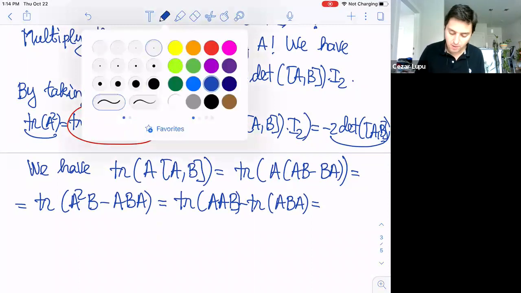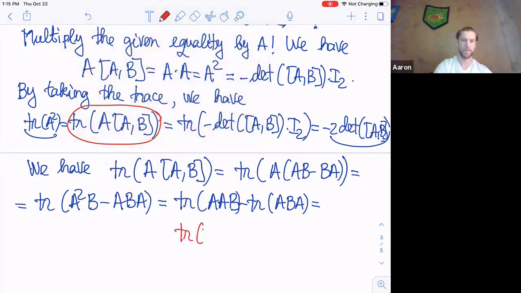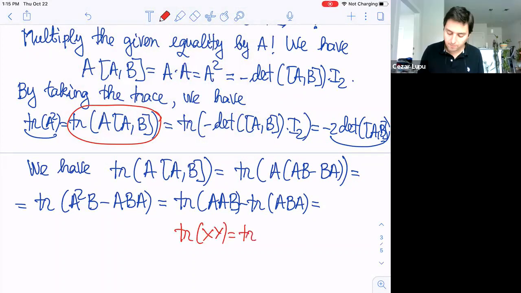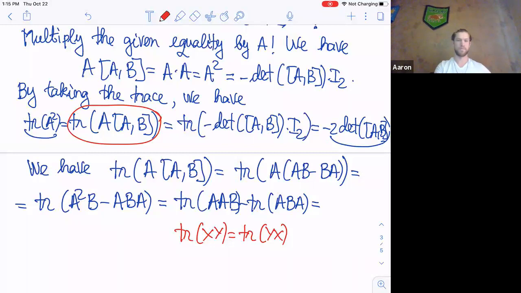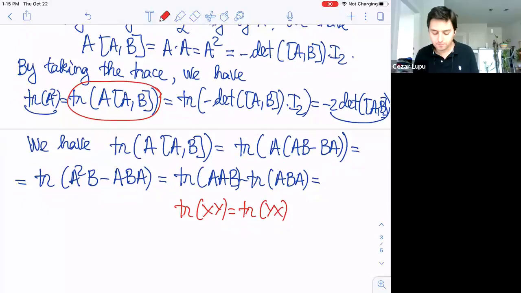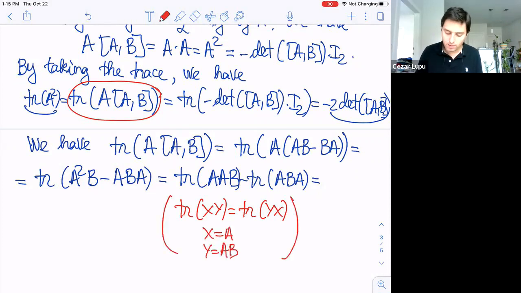Keep in mind that we have this property of the trace: the trace of xy is the same as the trace of yx. You can take x to be A and y to be AB, and this guy will give you 0.